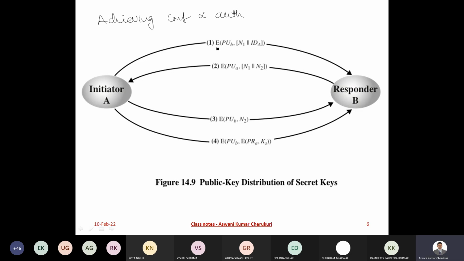The first thing is it is an encrypted communication, right? A has used the public key of B to encrypt the message, and the message contains the nonce and identifier of A. B receives this message, decrypts it with the help of the private key of B, and gets N1 and identifier of A.